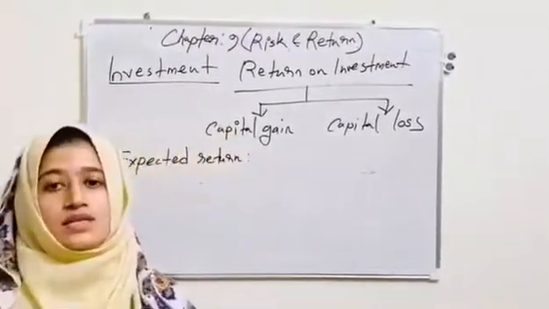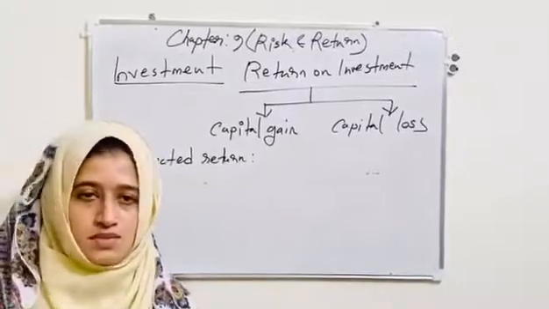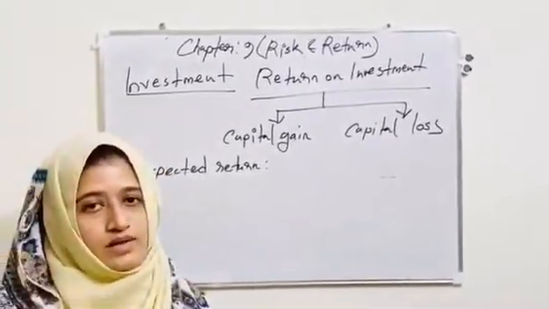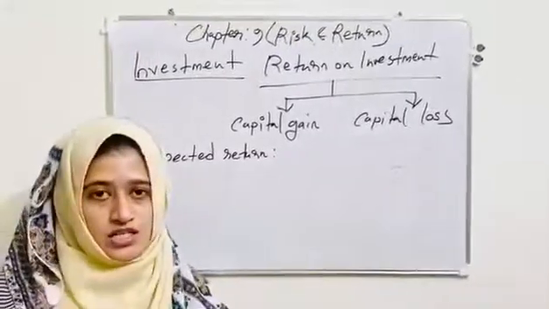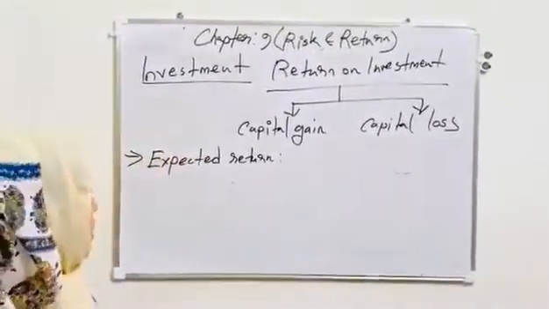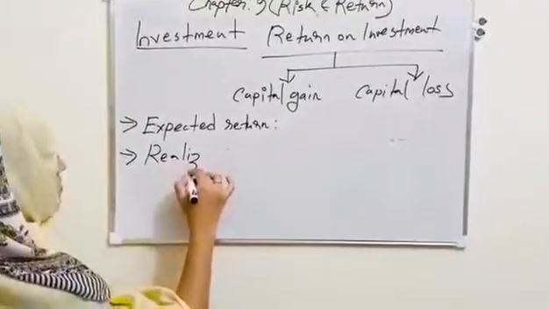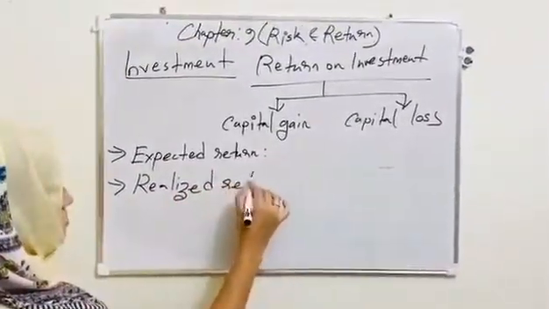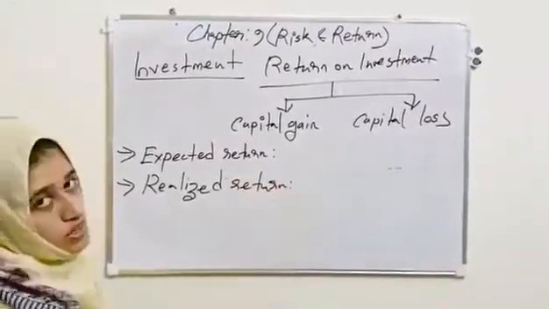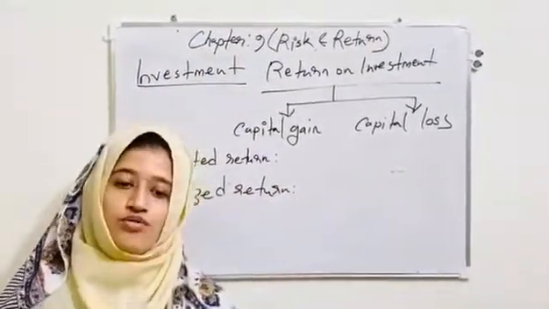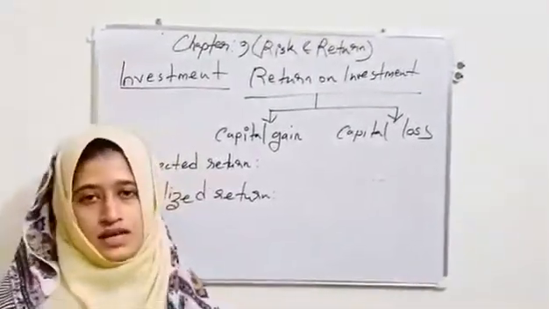This concept is a future-based concept, and this concept is assumed or calculated by the prediction. And second one is realized return. What is realized return? The return that is actually earned over a given period of time.